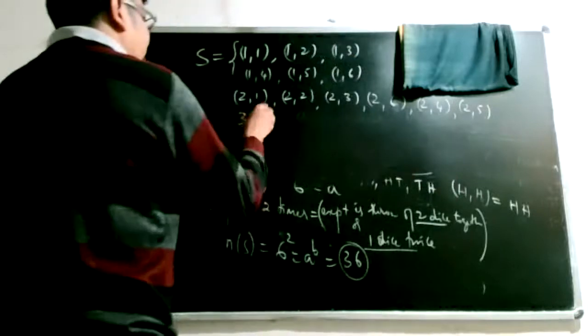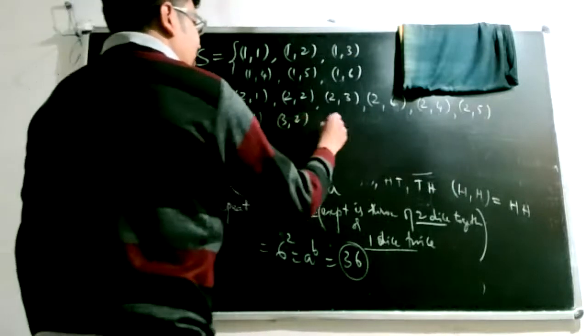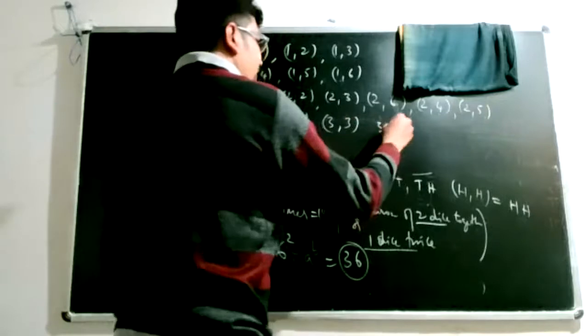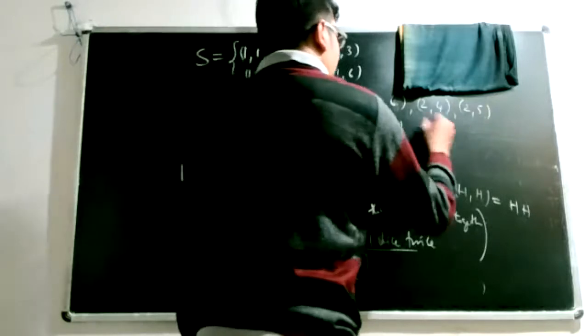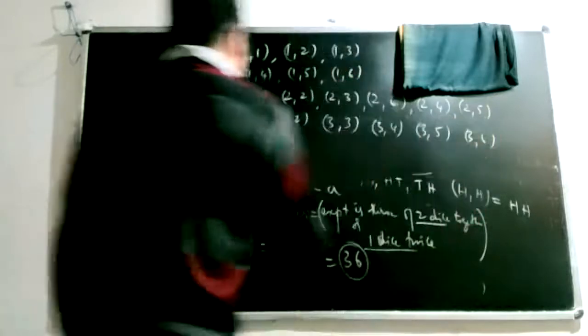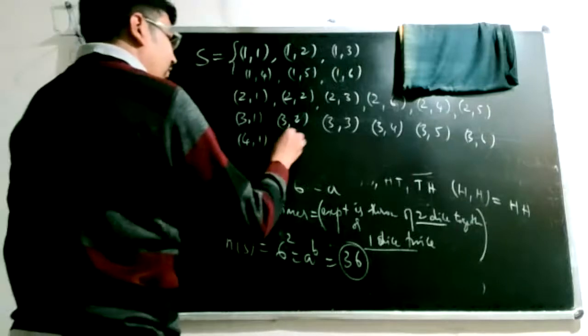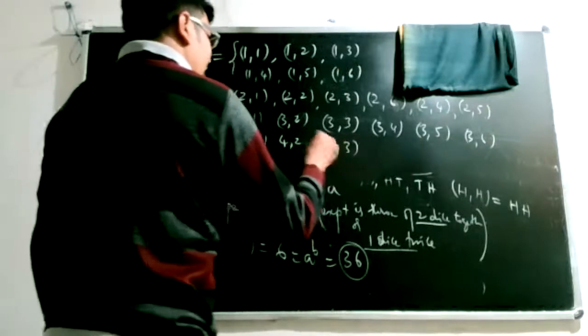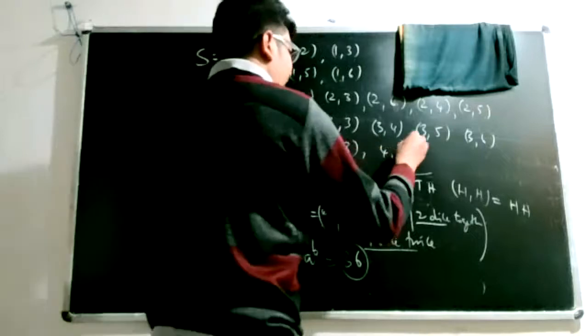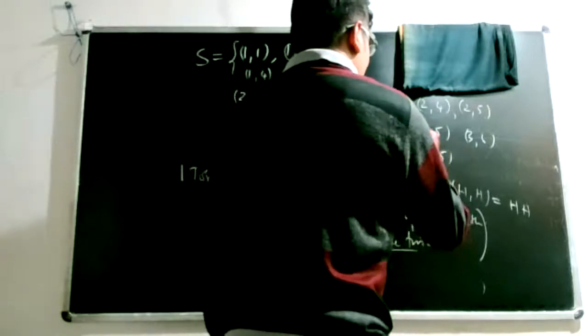And then you could have 3 1, 3 2, 3 3, 3 4, 3 5, 3 6. And then 4 1, 4 2, 4 3, 4 4, 4 5 and 4 6.